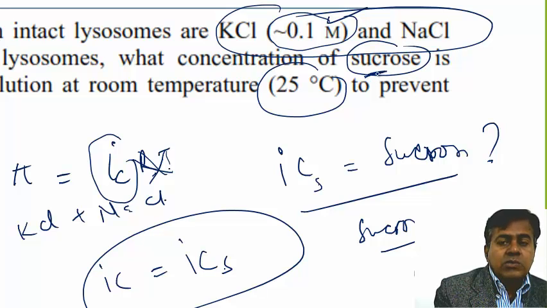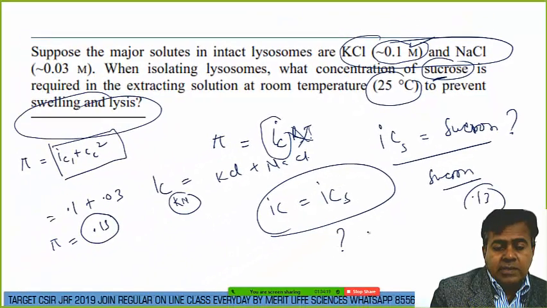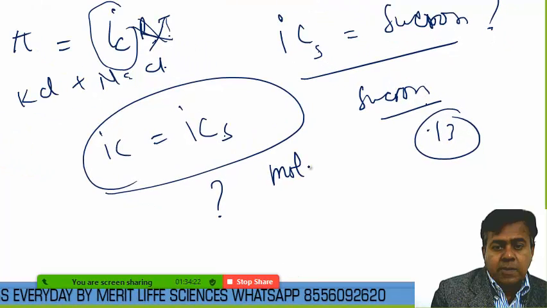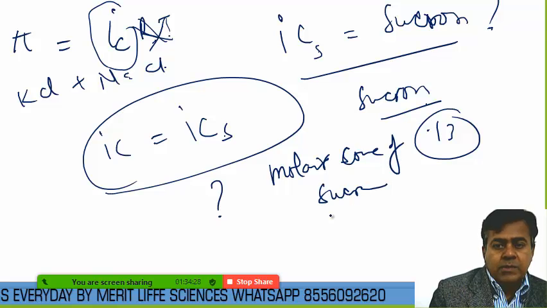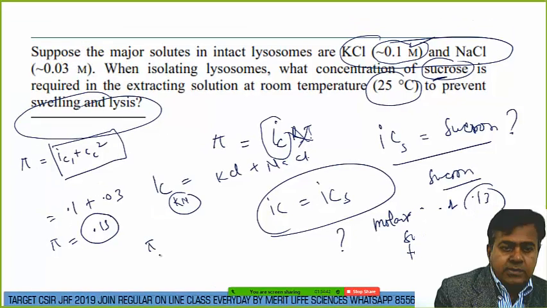They are asking indirectly what the molar concentration of sucrose should be to maintain an iC of 0.13. So one thing is given, pi is equal to 0.13, which you have already determined. Then the iC of glucose.